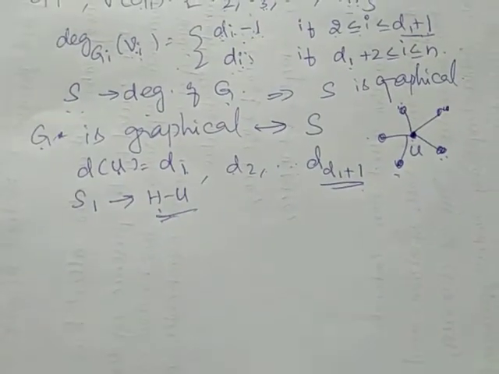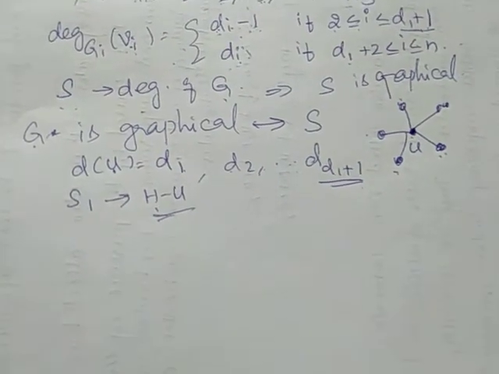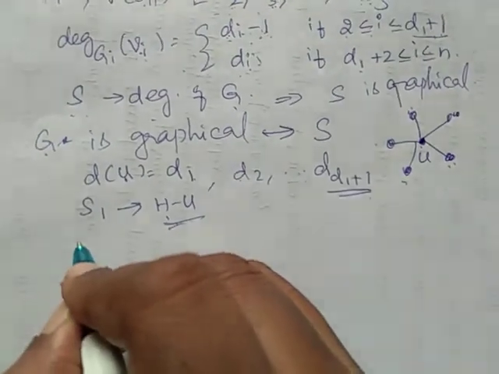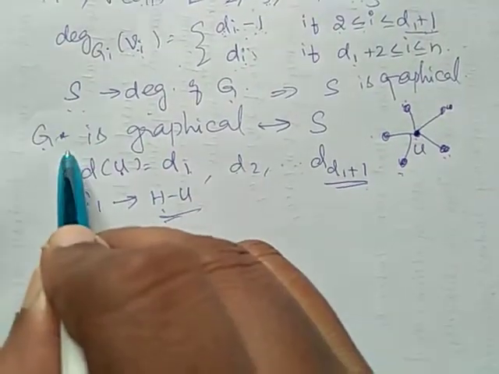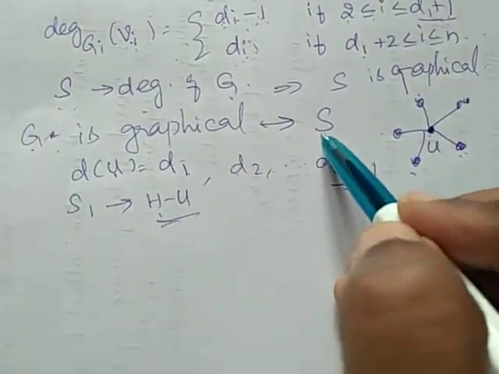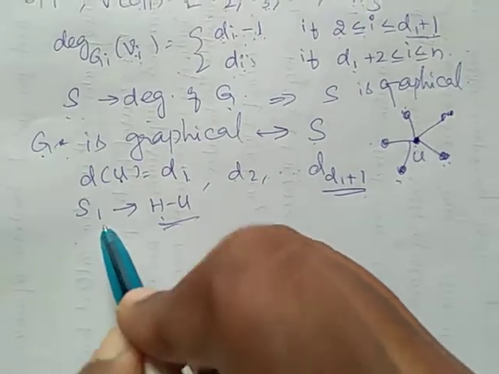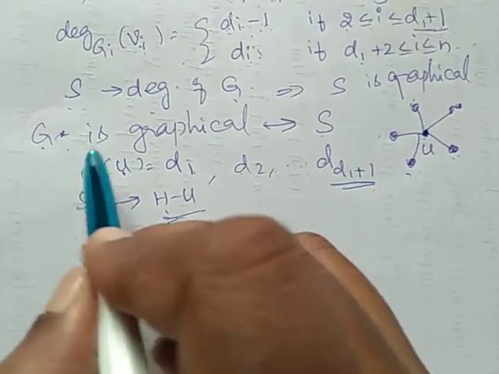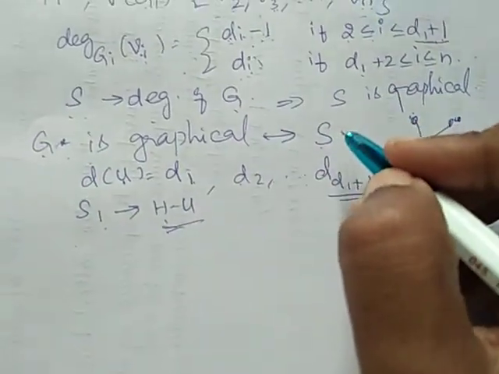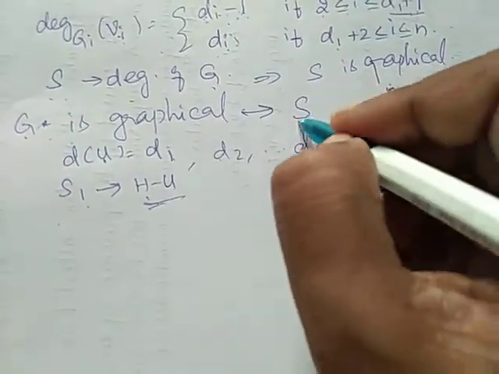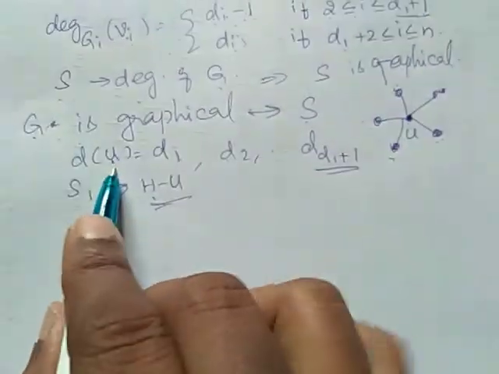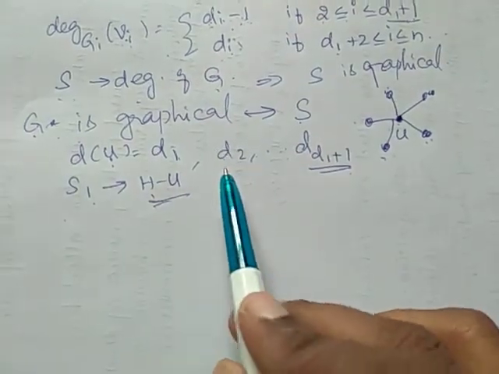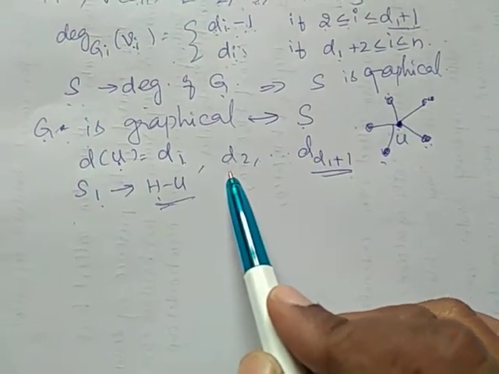Suppose there does not exist a graph with degree sequence S containing such a vertex. See, if a graph G has a degree sequence S, obviously there exists S1 as a degree sequence also. If there does not exist a graph G with sequence S containing a vertex U with this property, now we have to check whether this condition holds or not.